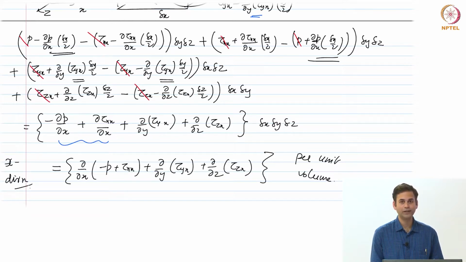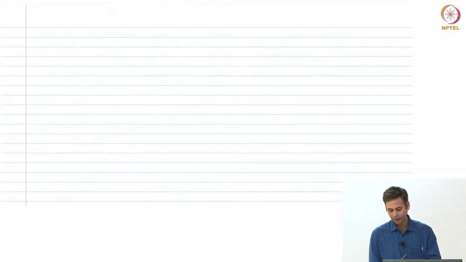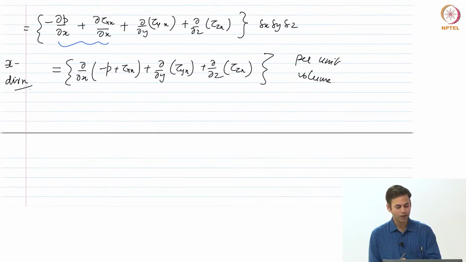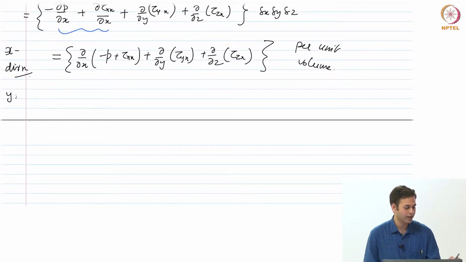Now, will you be able to guess the corresponding terms for forces in the y and z directions? If I were to write, let us say y direction, what would that be? Partial x. Because we are writing in the y direction, the second subscript has to be y.